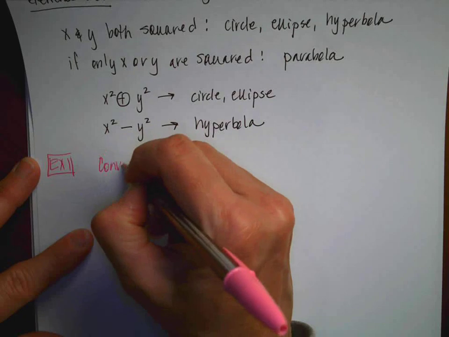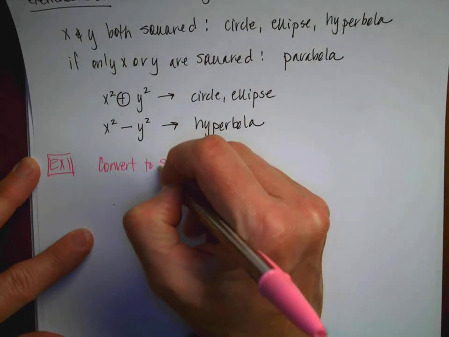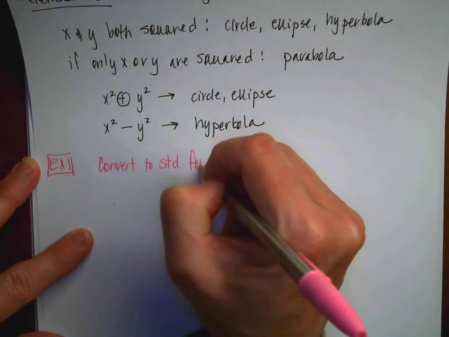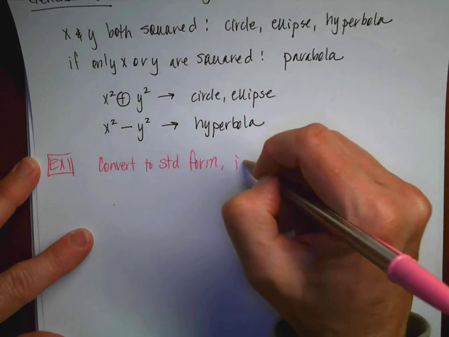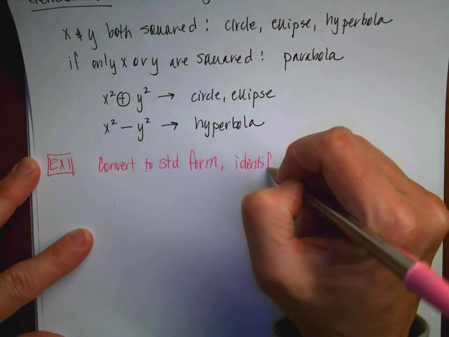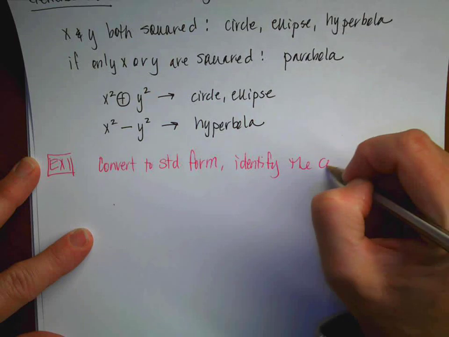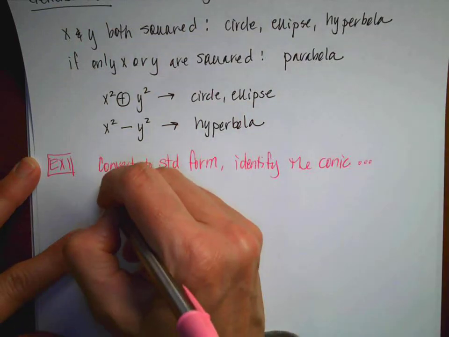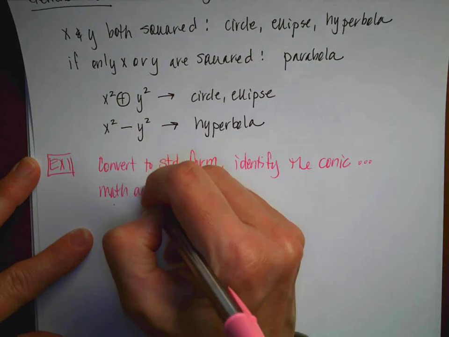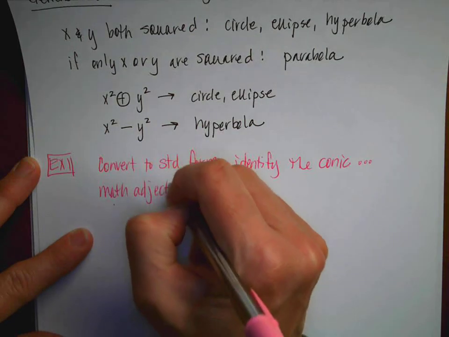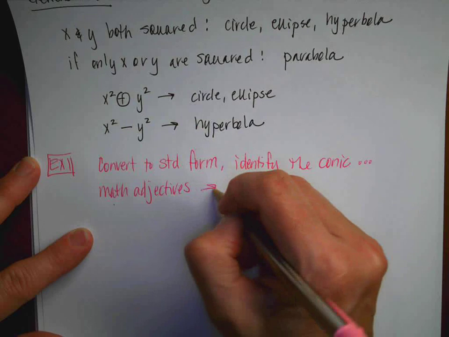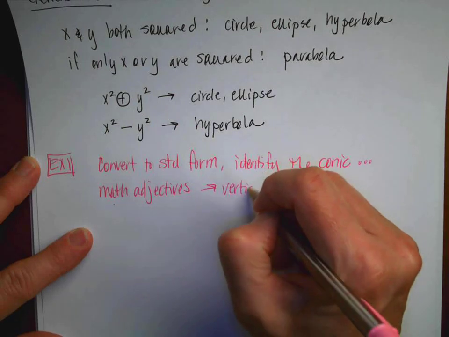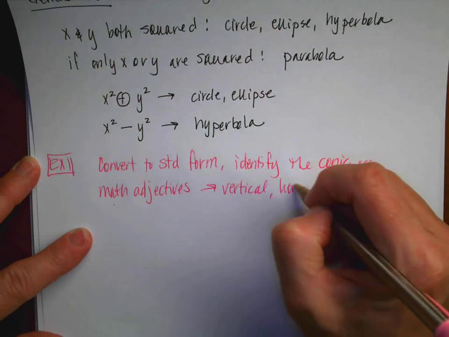So I want to convert to standard form, and then I want to identify the conic. And when we identify our conic, we need to use math adjectives, English, and those are going to be things like vertical and horizontal.